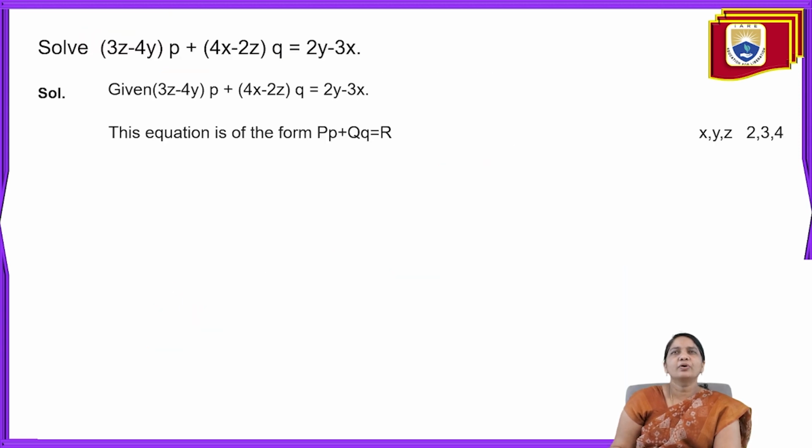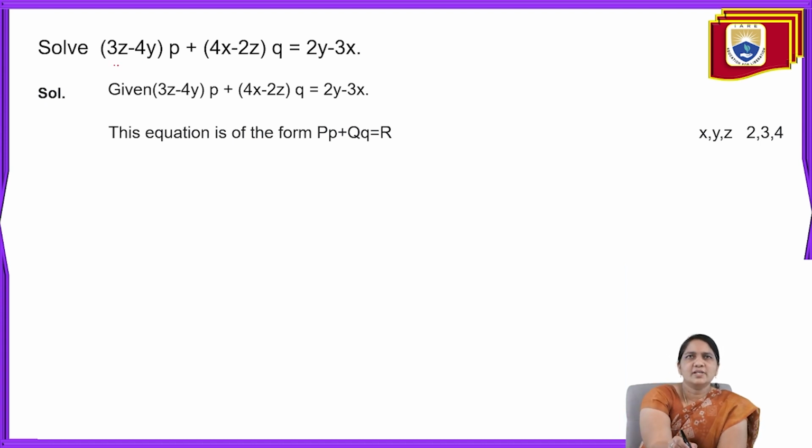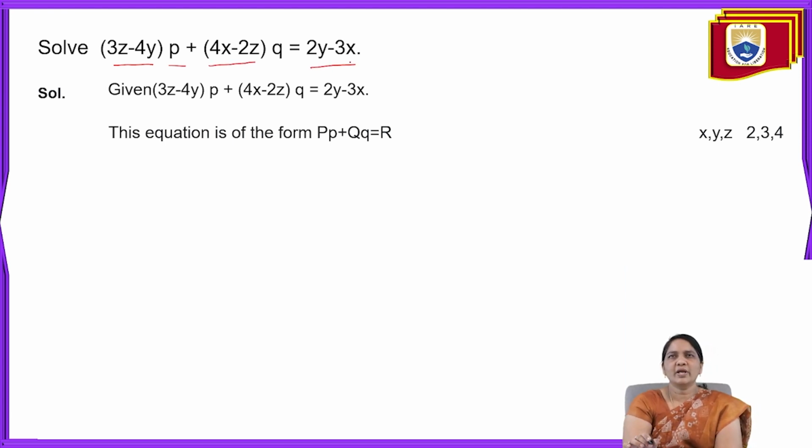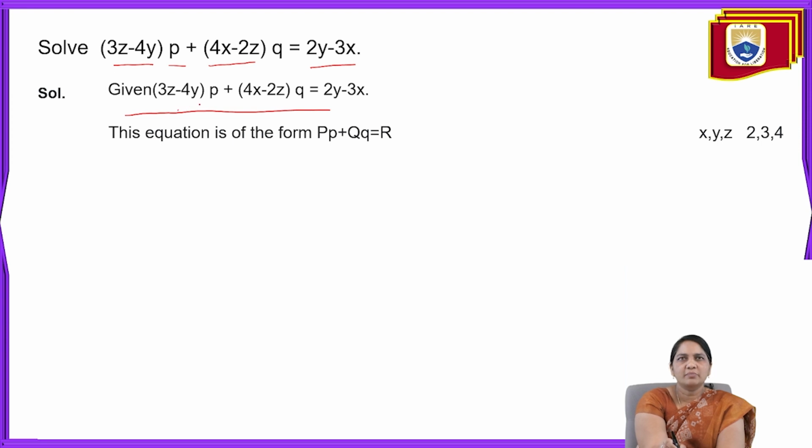Here we are going to discuss some problems based on this method. See the question: solve (3z minus 4y) p plus (4x minus 2z) q equal to 2y minus 3x. First we write the given equation: (3z minus 4y) p plus (4x minus 2z) q equals 2y minus 3x.